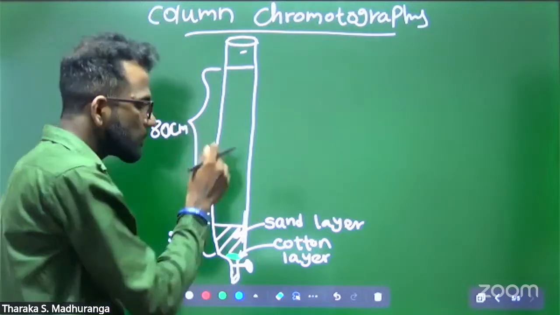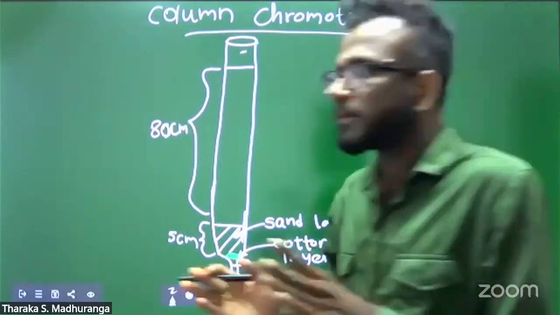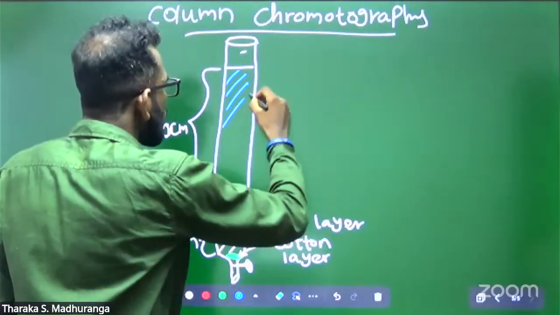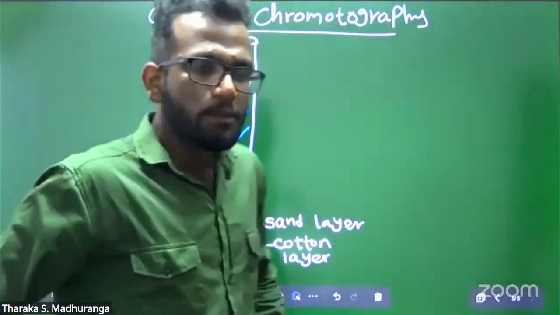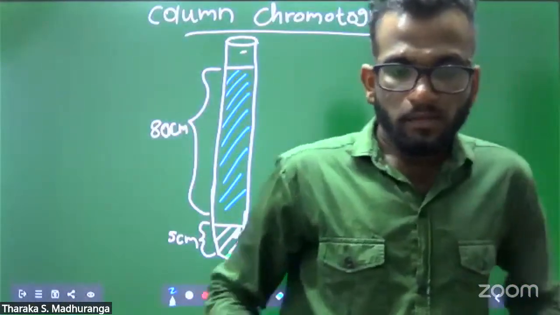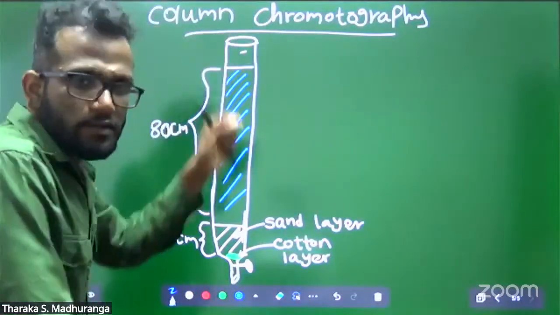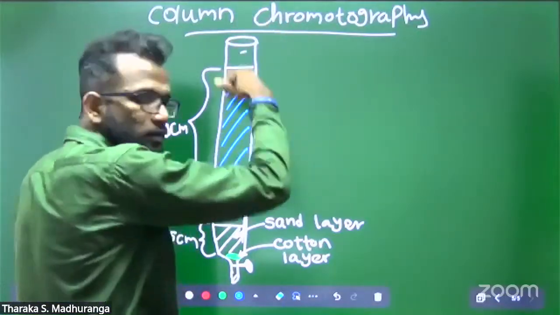For the 80 centimeter, you need to add silica or alumina gel. This layer must be silica or alumina gel. Then what we do is prepare a solution of silica or alumina gel and slowly pour it into this column.